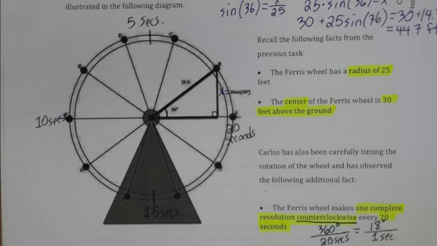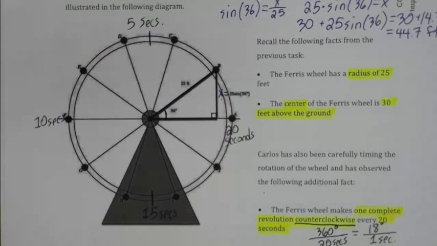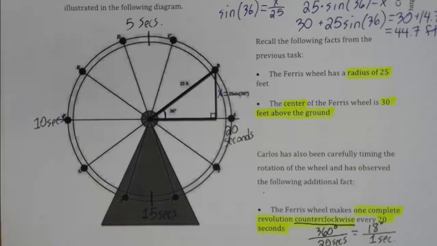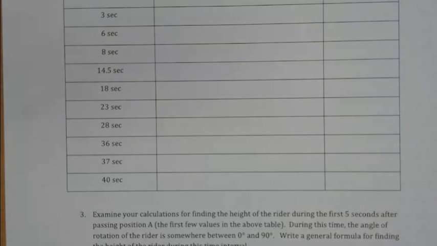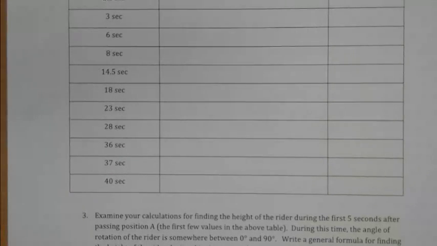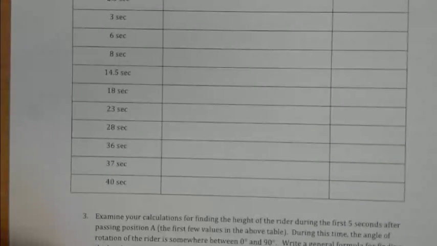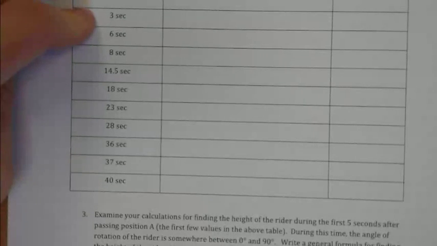Now, continuing onwards, if we are going to start filling out our table on the back, we can see we need 1 second, 2 seconds, 2.5, 3, etc. So we're going to use some scratch paper to look at how we can find it within the first quadrant.